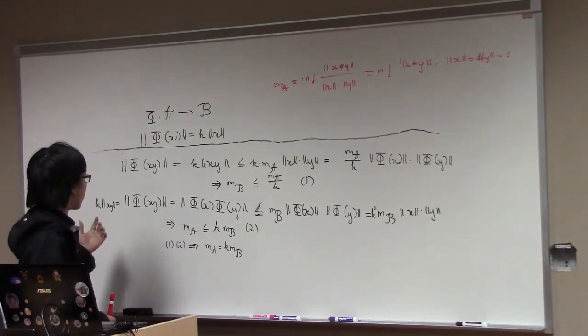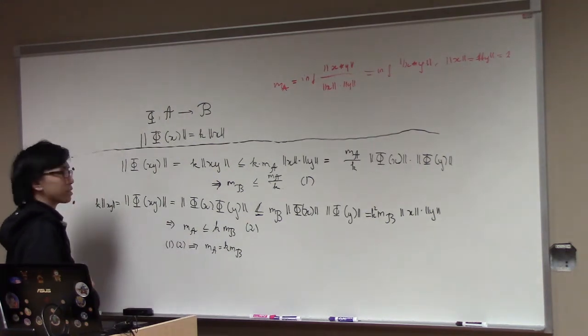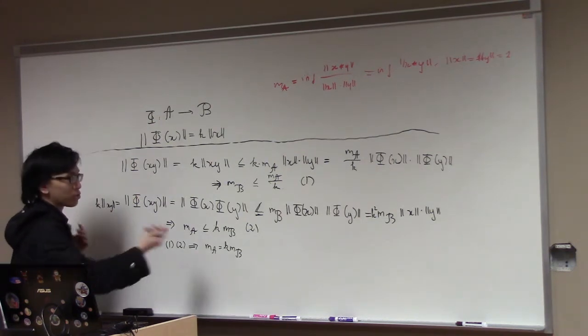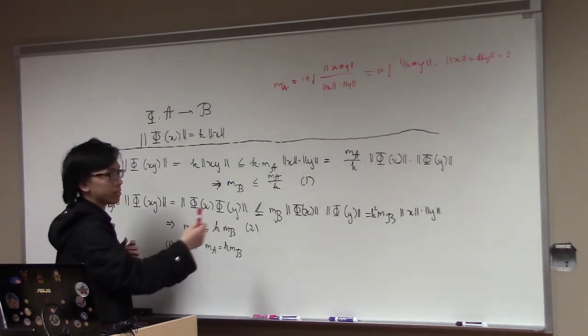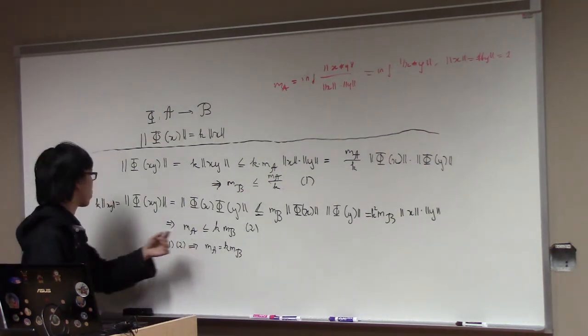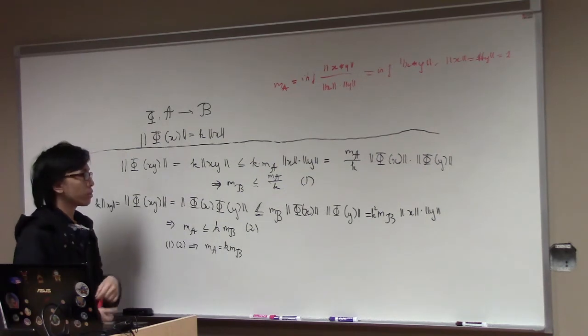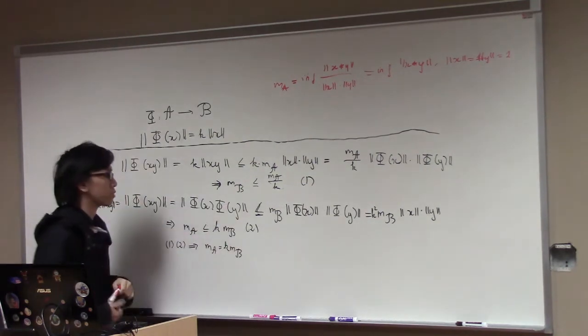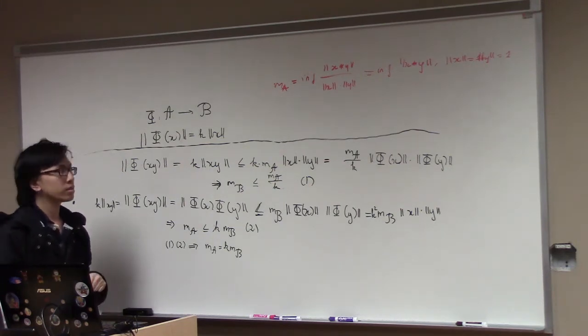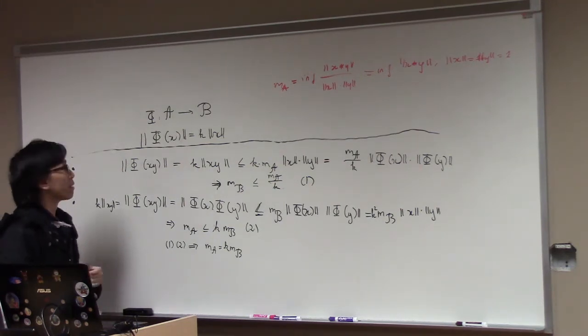And again, we have M_A as the smallest constant such that ‖xy‖ is less than or equal to M_A times ‖x‖ times ‖y‖. So we get M_A less than or equal to k M_B. From these inequalities, we conclude that M_A equals k M_B. So they are related by a constant k.